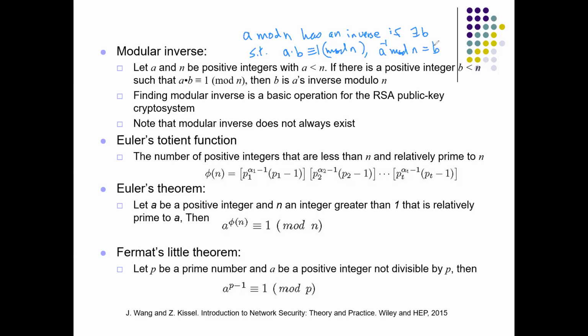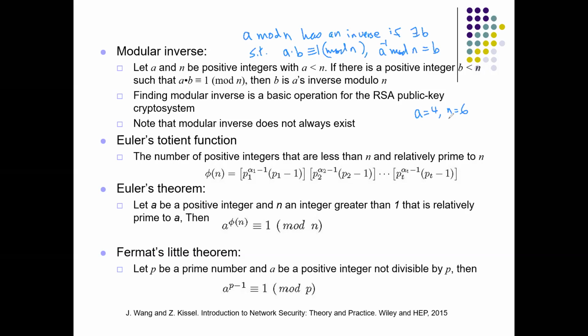So we know that not every number, not every A or n, has an inverse. For instance, if A is equal to, let's say, 4, n is equal to 6, then 4 mod 6 doesn't have an inverse.